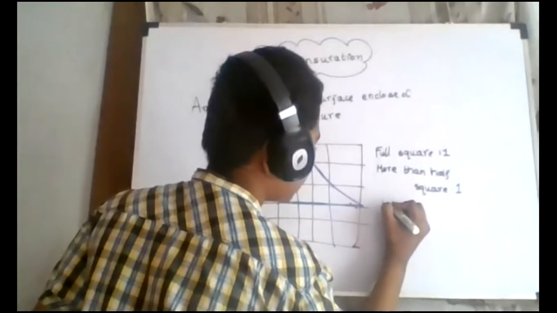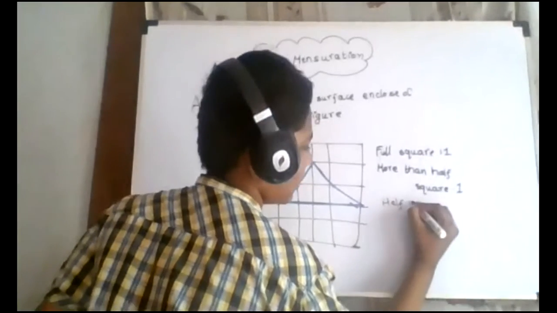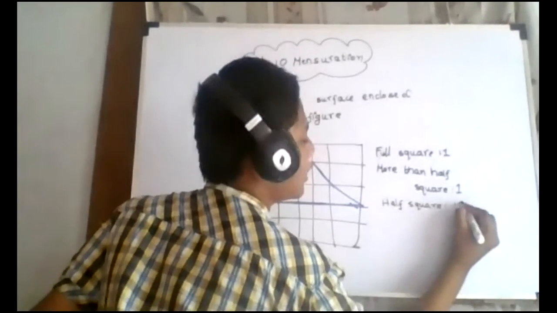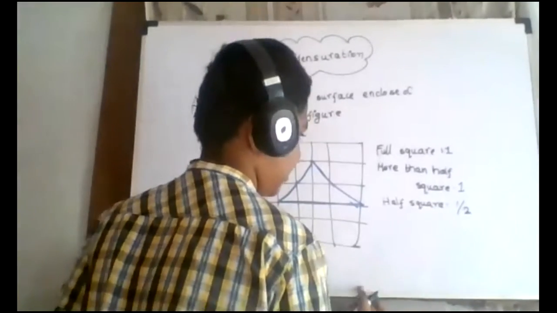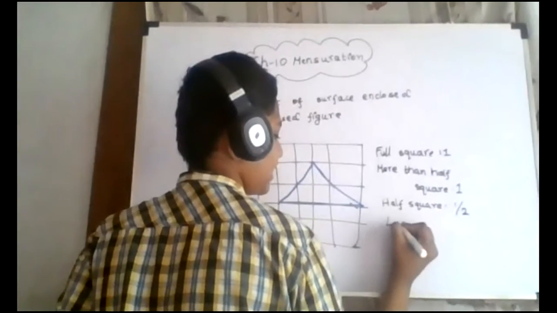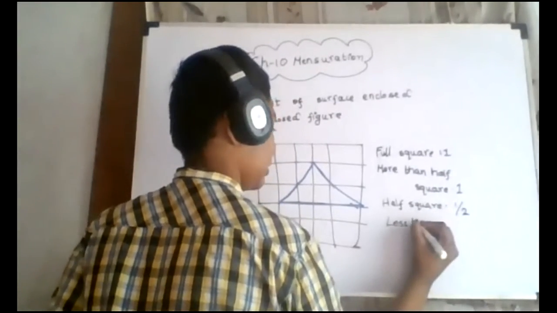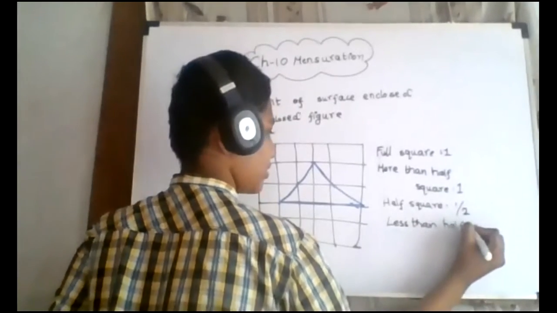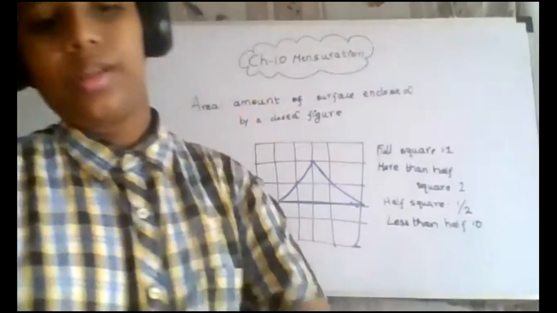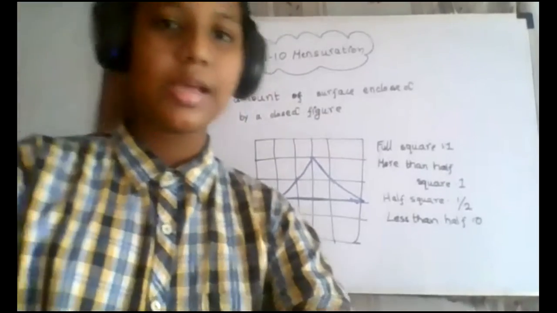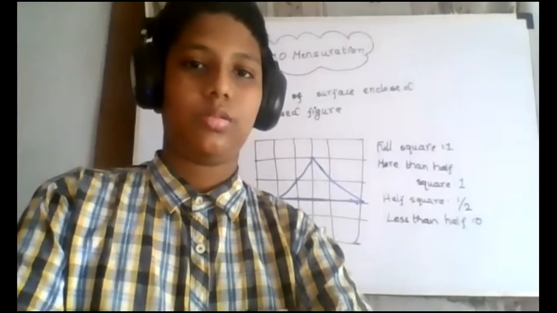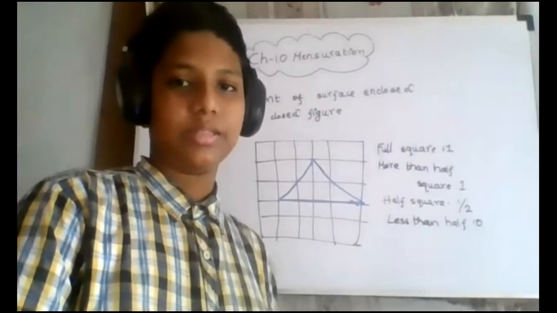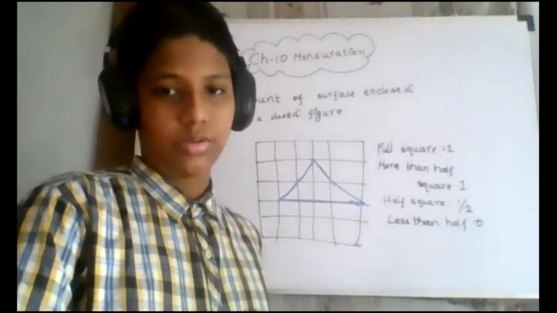If we have exactly half a square, or a little difference, we consider it as half. If it is less than half, then we consider the area as 0.